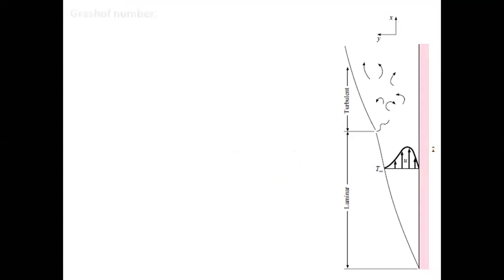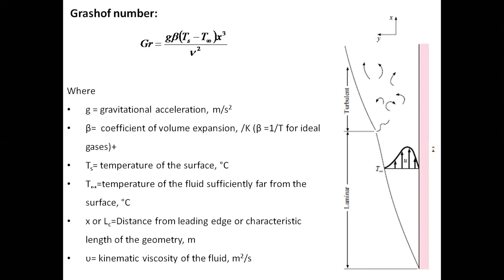So we saw how this flow is characterized using the Grashof number. The Grashof number classifies the flow, similar to the Reynolds number in forced convection.